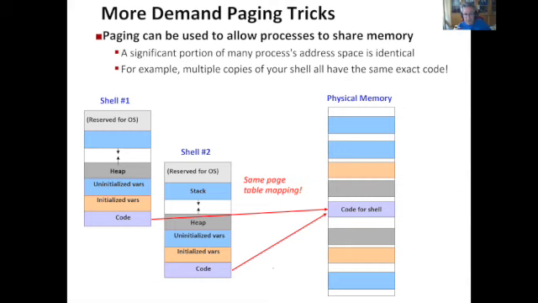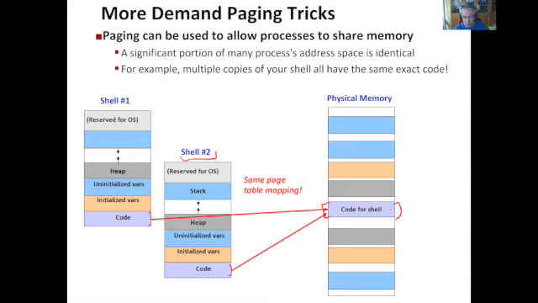With this, you can see that since I'm mapping them, I can do a couple of tricks to minimize the footprint of processes. For example, on your system, you will be running the same shell code over and over, with everybody using it, and the code portion is actually the same. So you can map them onto the same physical pages. What this means is, even if you have 50 shells running, you will have only one copy of the shell code in physical memory.